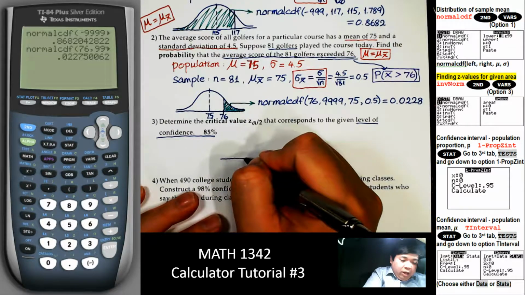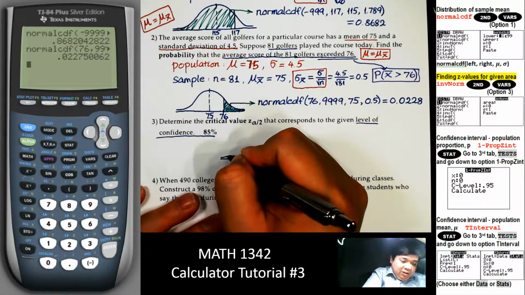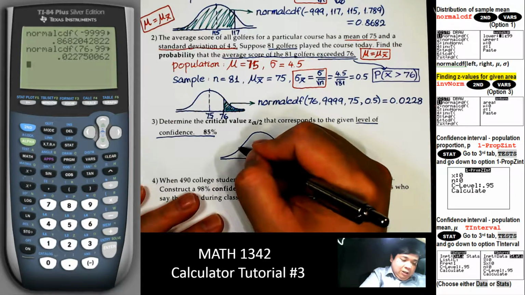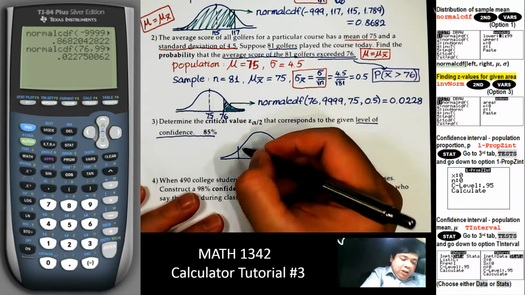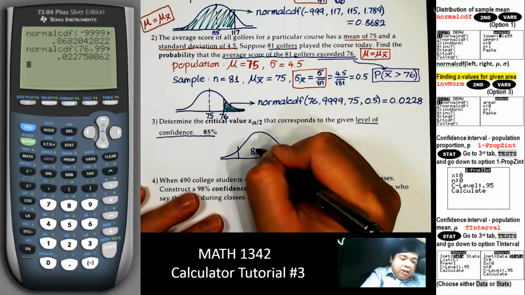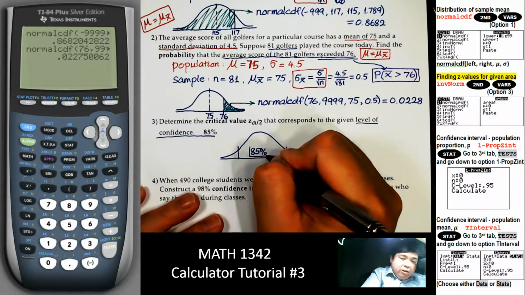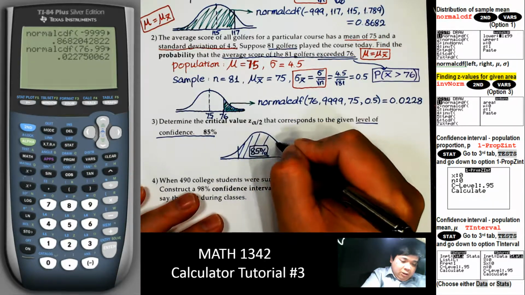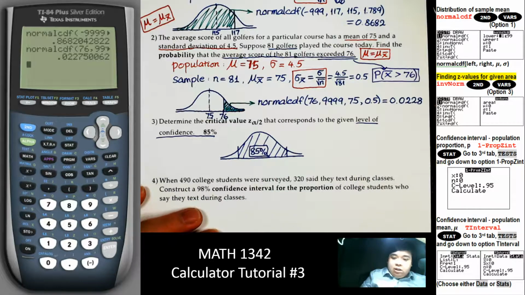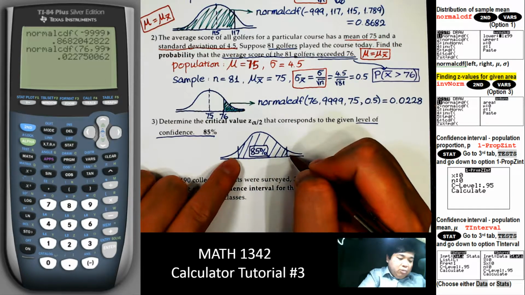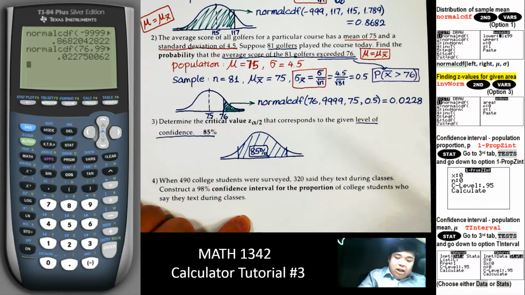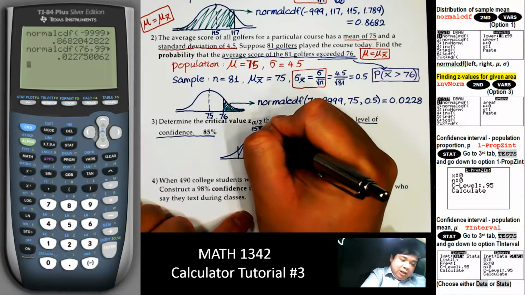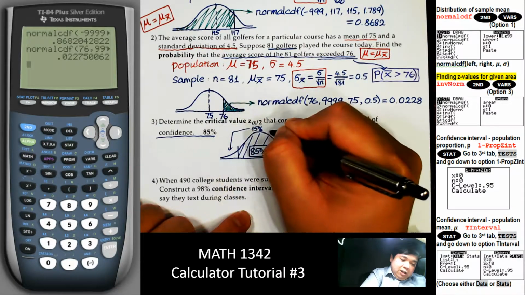Level of confidence will be right in the middle. So we know 85% is right in the middle. Now, if 85% is in the middle, we have 15% on each side. So we have 15% on this side and on this side.